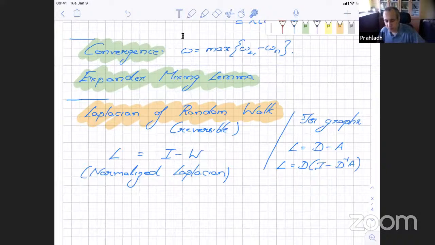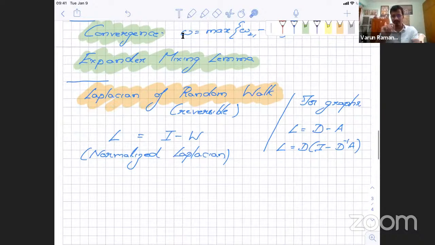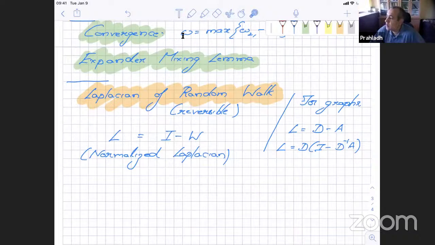Also, in graphs we had D minus A, where D had the degree, or if you take the weight of an edge to be 1, the sum of weights on the diagonal. In that sense this is the same, because in W, the sum of weights is always 1. It's a random walk matrix.